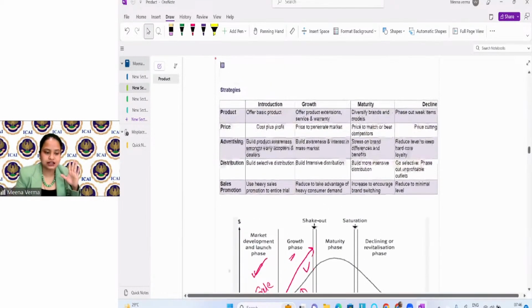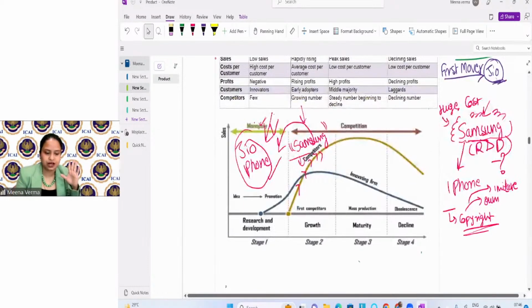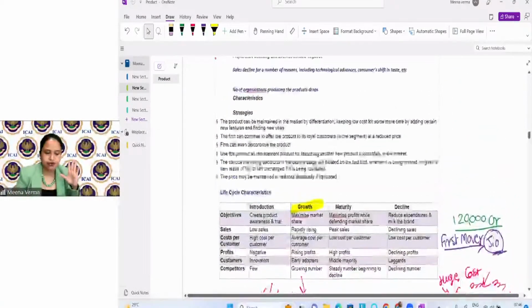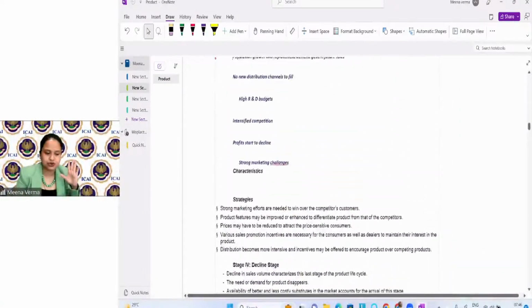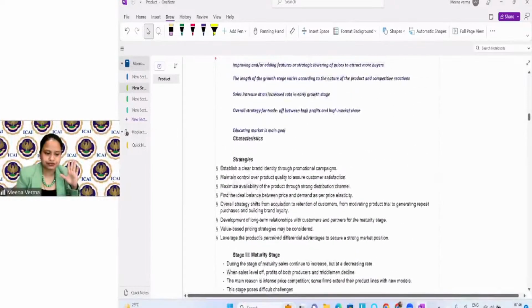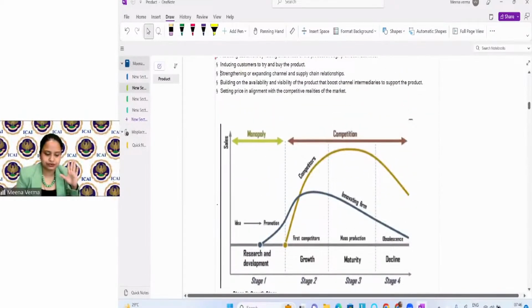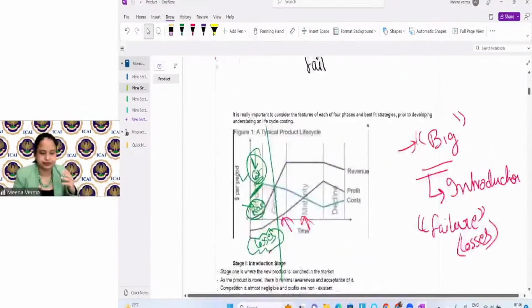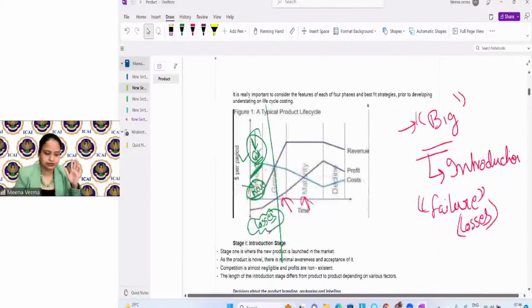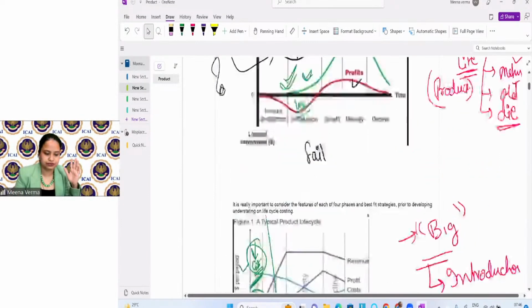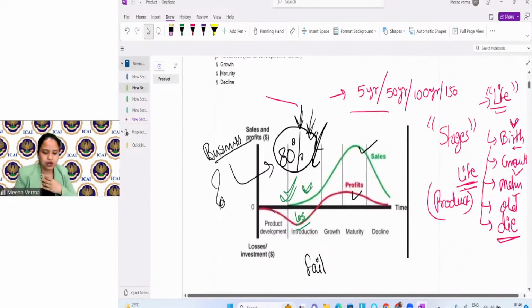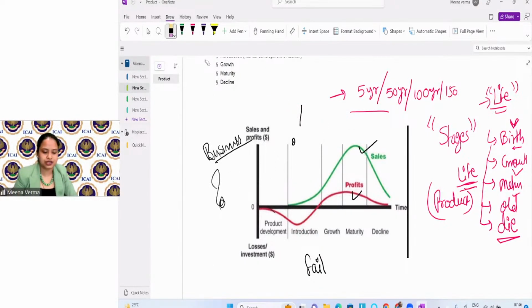And not just that, the profitability will also be high. Let me show you on the graph. Okay, so if you see this graph, you can see the sale is high in the growth stage and the profit is also high in the growth stage, right?